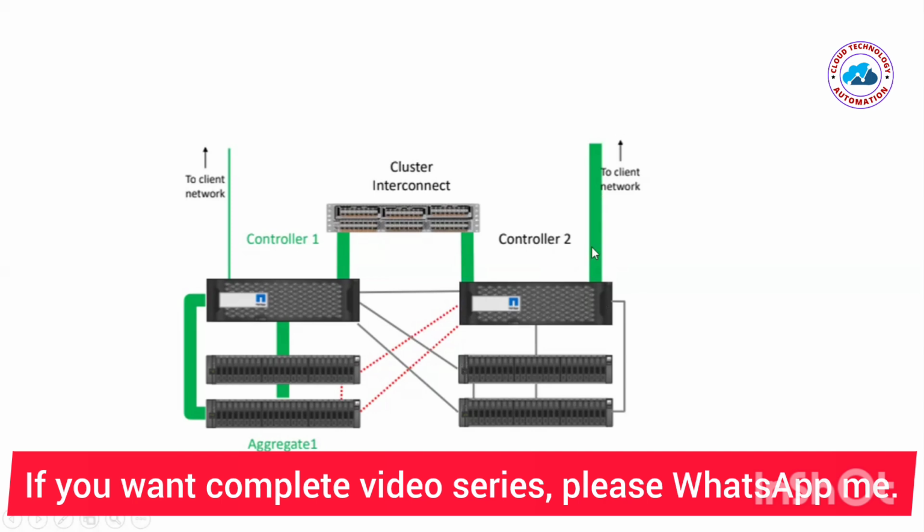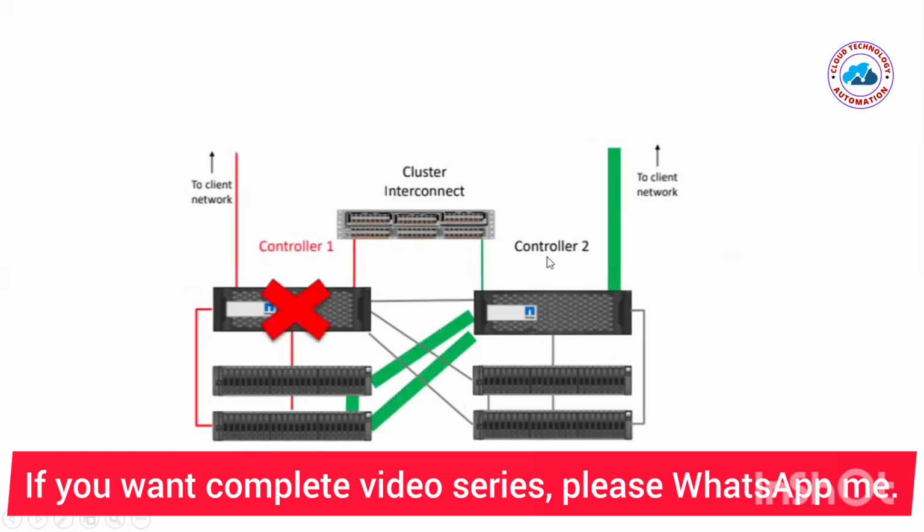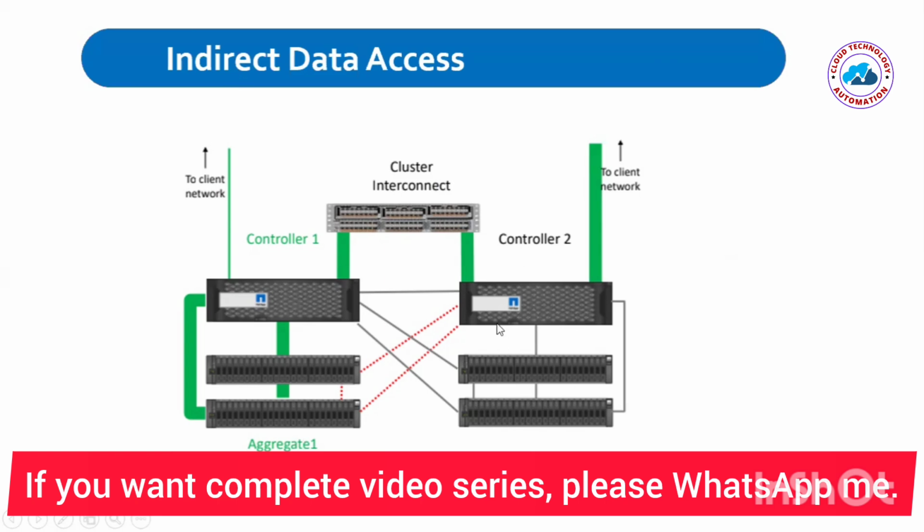The request comes to controller 2. Controller 2 goes to the cluster switch. It will request from controller 1 only, but the data will transfer via the cluster interconnect. It will come from aggregate 1, and then data will be transferred like this. This is the indirect path basically. You can see here, indirect path.